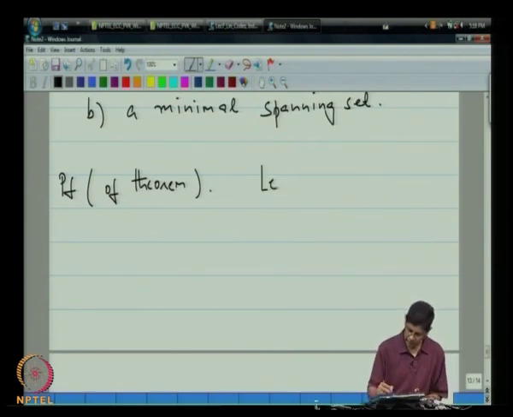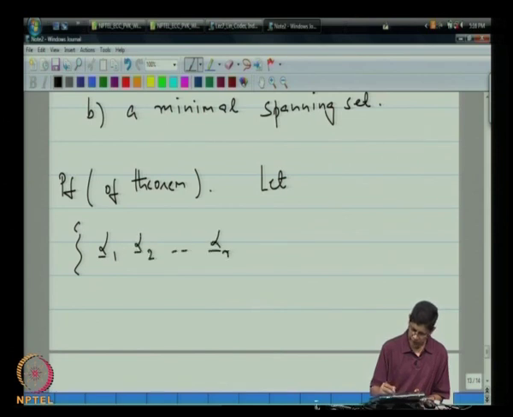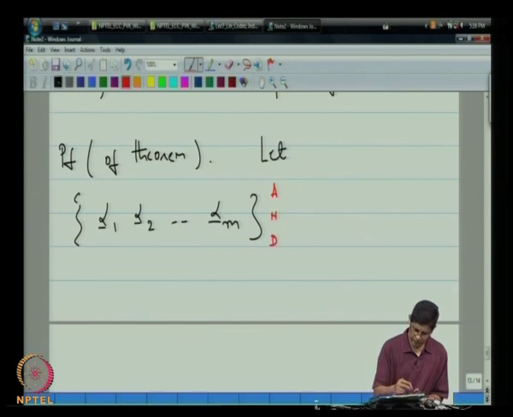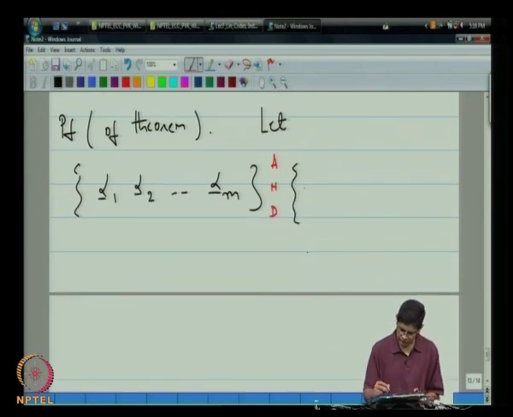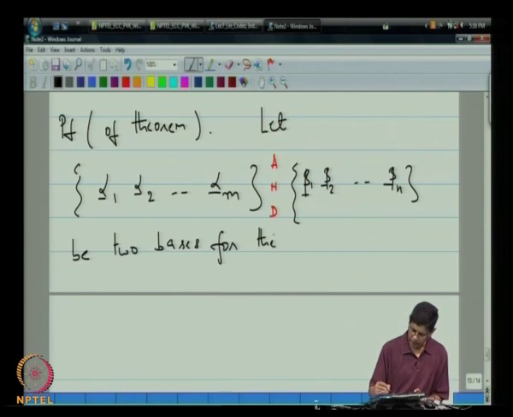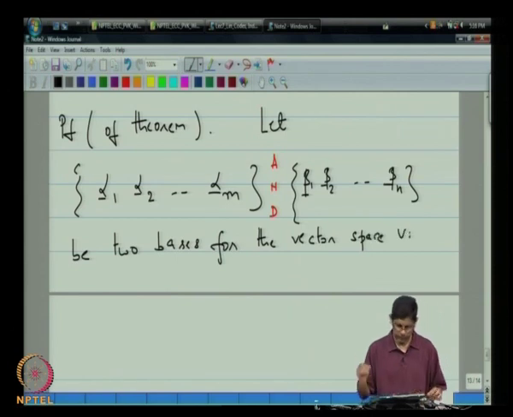So, let alpha 1, alpha 2, ..., alpha m and beta 1, beta 2, ..., beta n be two bases for the vector space V. Okay.